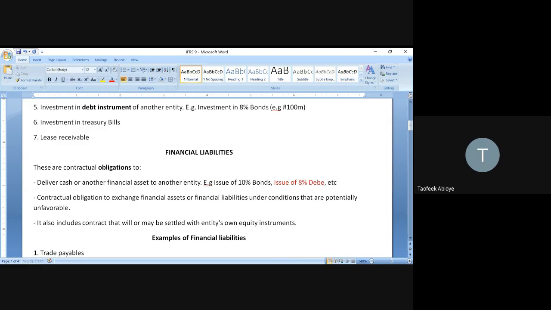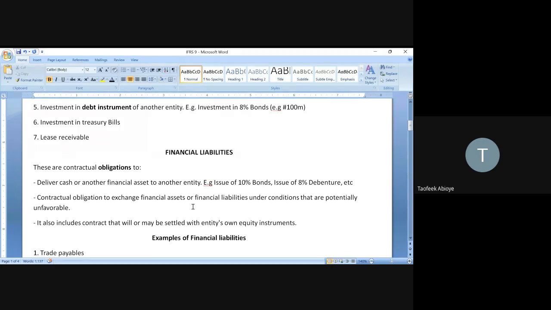Issue of 8% debenture, that's another example. So issue of 8% debenture is a financial liability. So those are the examples. Issue of shares is an equity, not a financial liability. So contractual obligation to exchange financial liability, that is the opposite of financial asset.